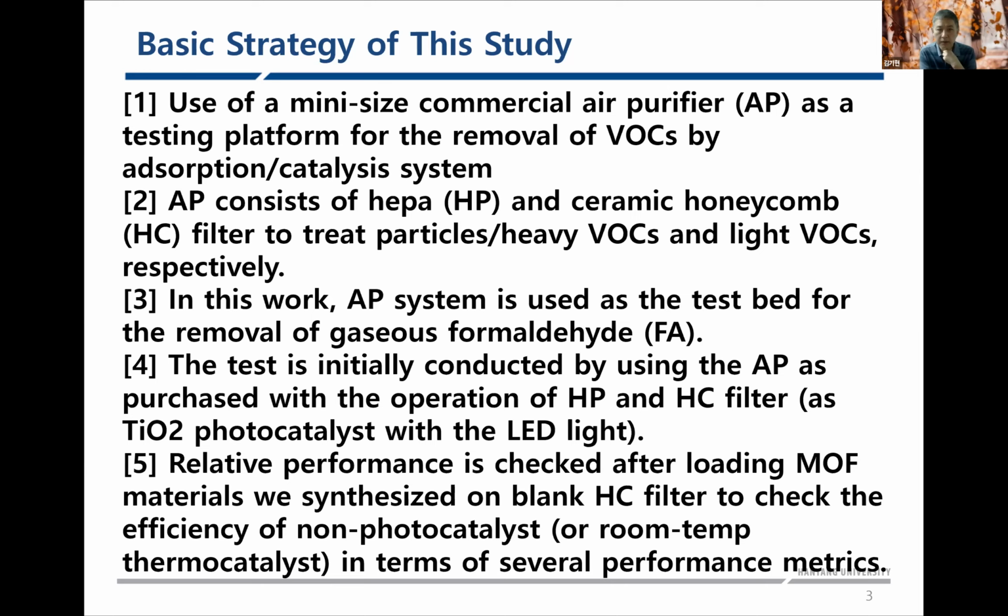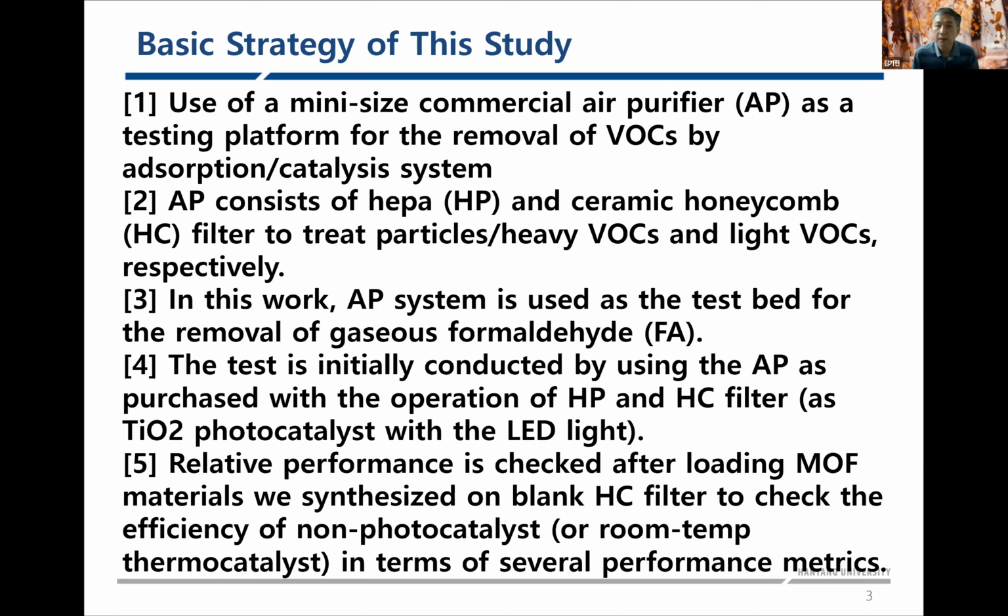So third, in this work, this AP system is used as a testbed for the removal performance testing of gaseous formaldehyde before any modification of the AP and after modification using the metal organic frameworks which we developed in our laboratory.